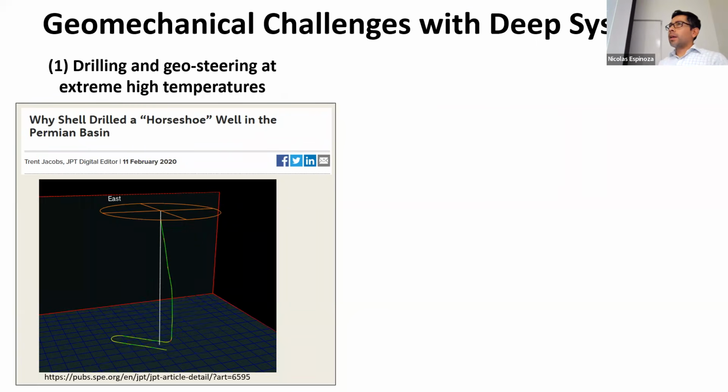Okay, there are several challenges related to geomechanics for these deep and massive geothermal systems. The first one is drilling. Drilling some of these wells at very high temperature is very challenging. Probably just drilling a straight, vertical wellbore, not so much.